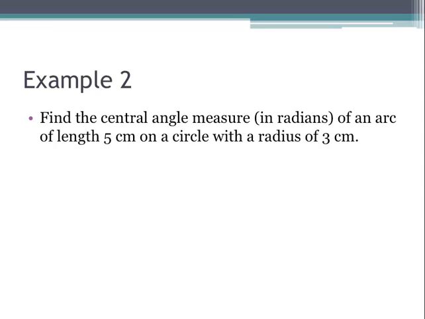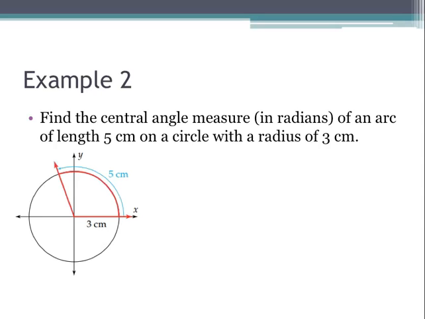It says the arc has a length of 5 centimeters, and the circle that it's on has a radius of 3 centimeters. For this one, we have a picture for those of you who are more visual. We really already have L, the arc length. We have R, the radius, and we just need to solve for theta.